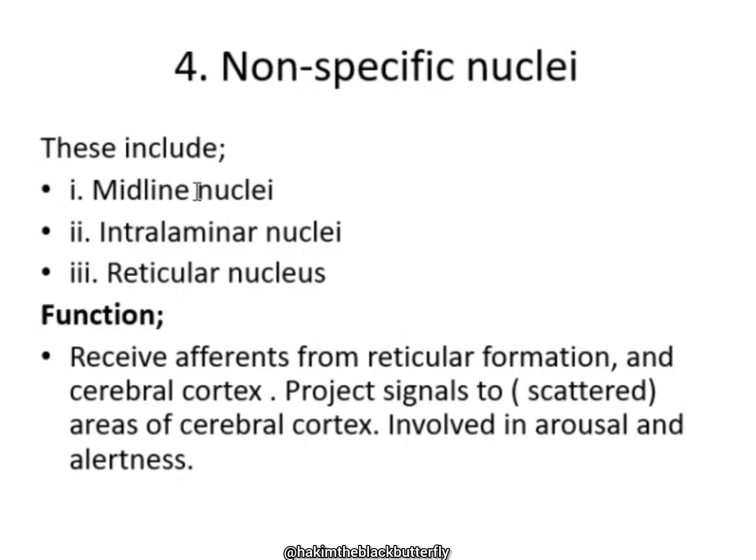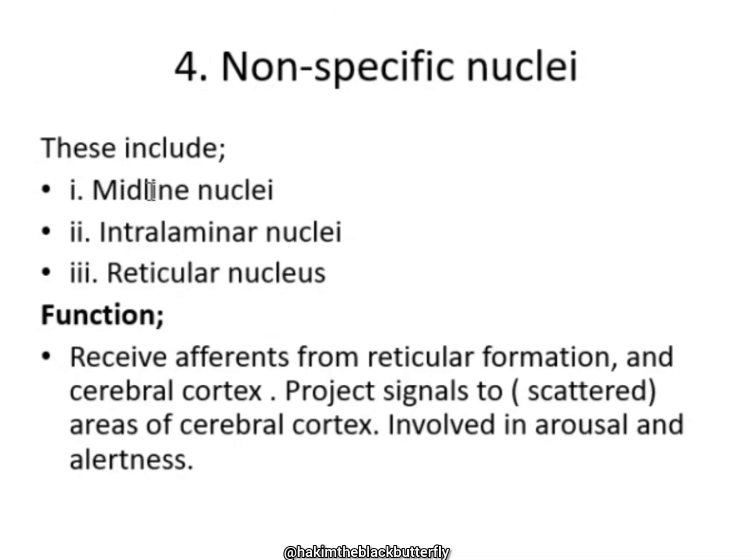It is taken to all areas of the cerebral cortex for the purpose of arousal, so that you are awake, aroused, alert. That is why these nuclei are important, because if they are injured, you are going to go into a coma.